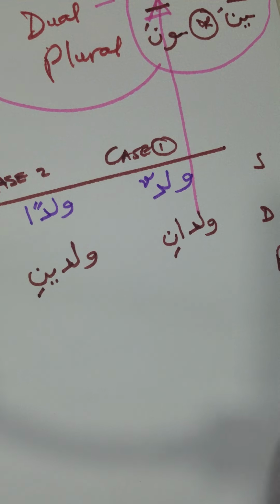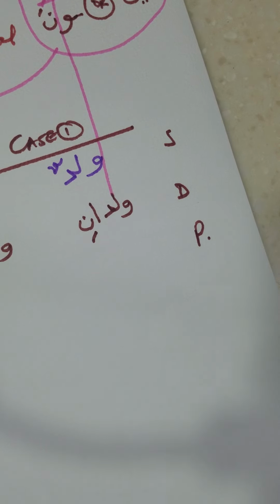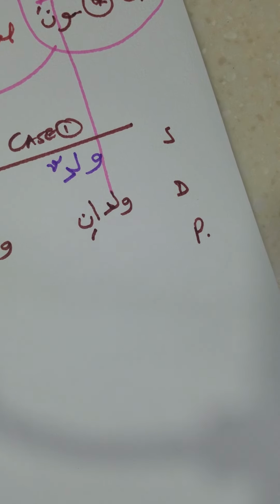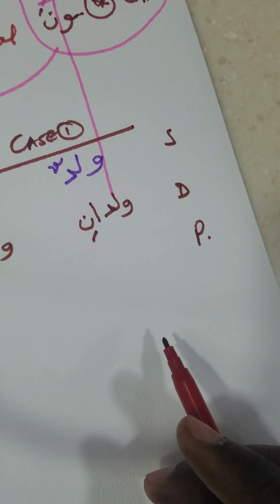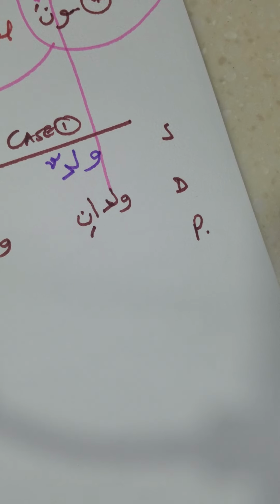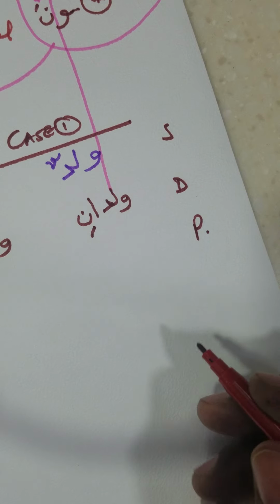Now we are going to the plural. The plural of walad is awlad. And this is how it is going to look like.